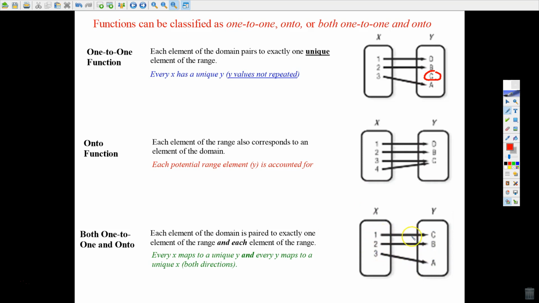We have a one-to-one going in both directions. It's one-to-one going from left to right, and that's also true going from right to left. So I just described it this way in green: every x maps to a unique y, and every y maps to a unique x. It's really unique pairings going in both directions, from x to y and from y to x.